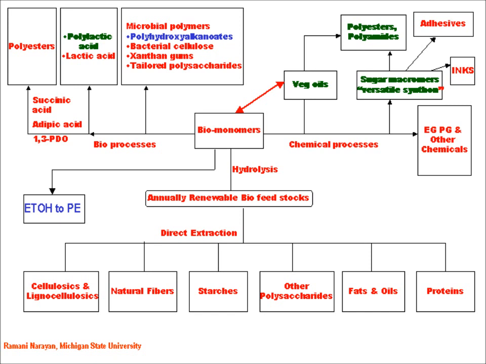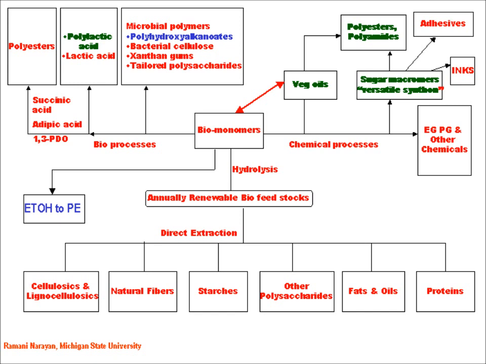Classic example here is the DuPont Sorona polymer, which is based on 1,3-propanediol and terephthalic acid to give you a biopolyester, right? It follows the fermentation to 1,3-propanediol, which you see on your slide.